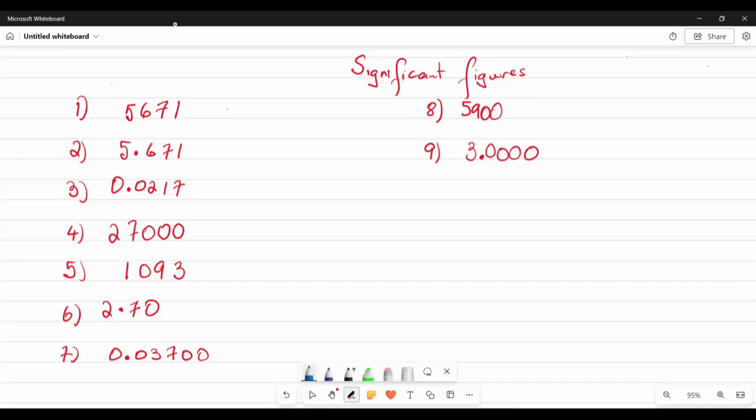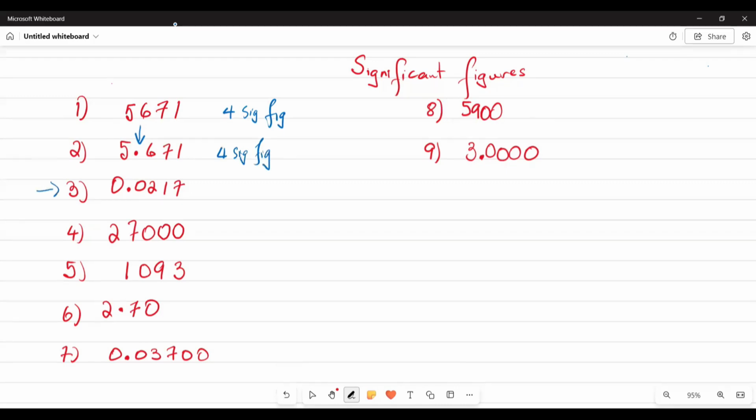So in this case, we're looking at 4 sig fig, because all digits are significant. Now, even though there is a decimal point here, the fact still remains that all non-zero digits are significant for number 2. So in this case, we're looking at 4 sig fig as well.